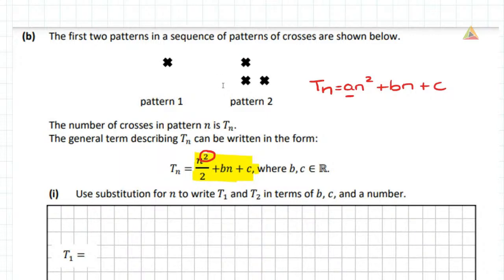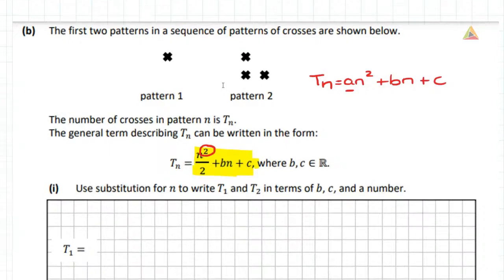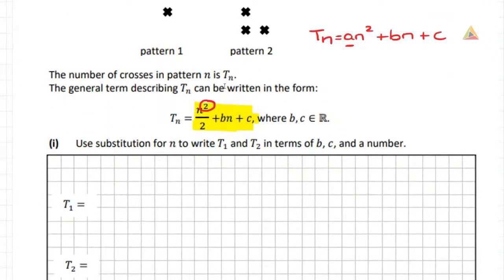So it says use substitution for n to write T1 and T2 in terms of b, c, and a number. Okay, so T1 is our first pattern, which has one cross, and T2 is this pattern here, which has three crosses in it. But what we're looking at first is T1 and T2. So we're going to substitute those in for n.